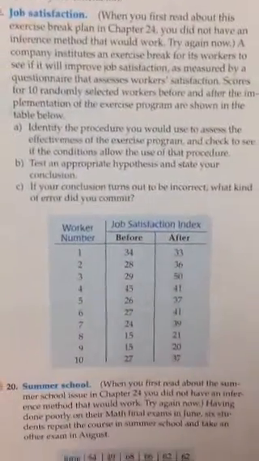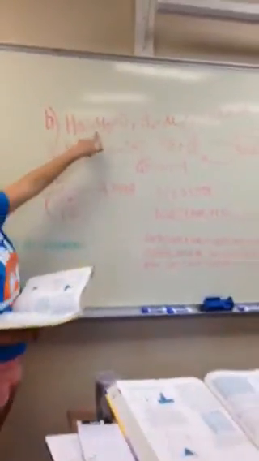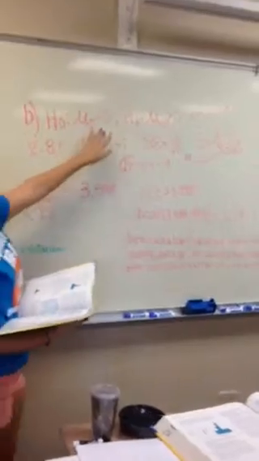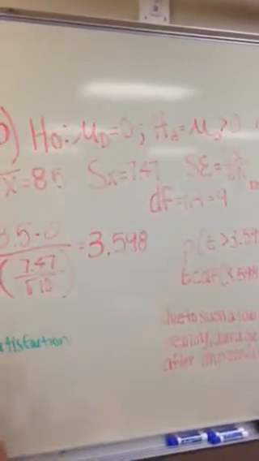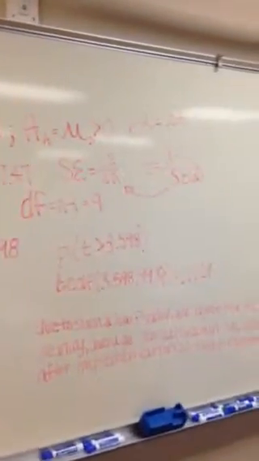B, test an appropriate hypothesis and state your conclusion. Okay, so our null hypothesis was the average difference is 0, and then our alternative hypothesis is the average difference is greater than 0 with an alpha level of 0.05.